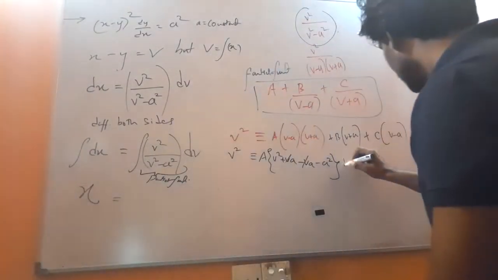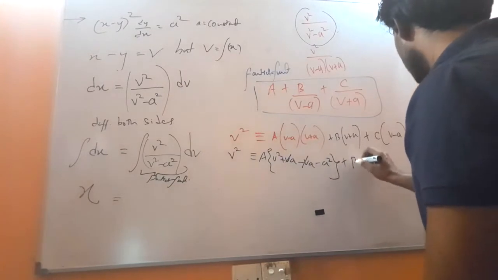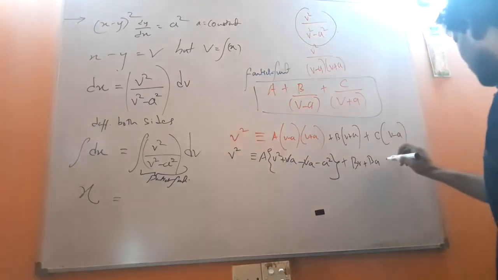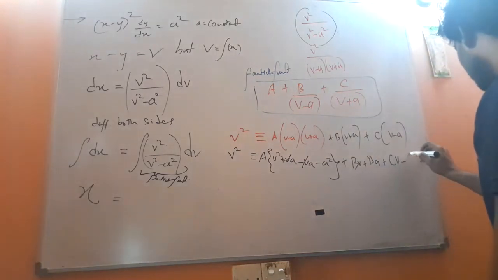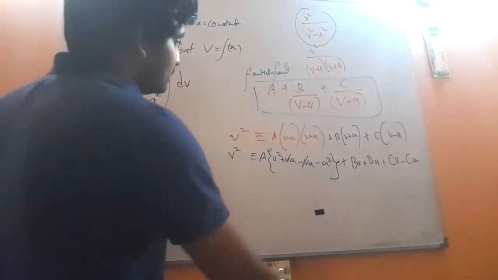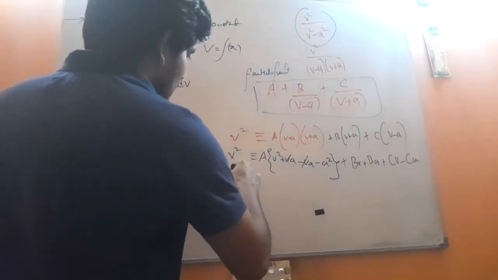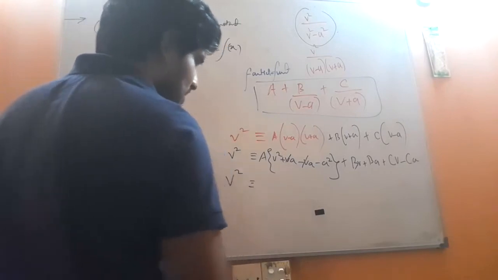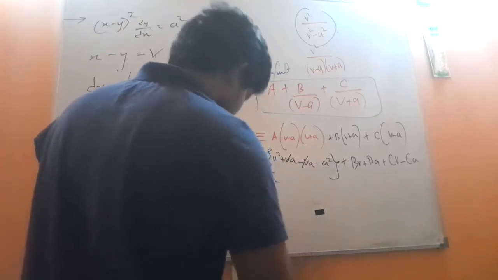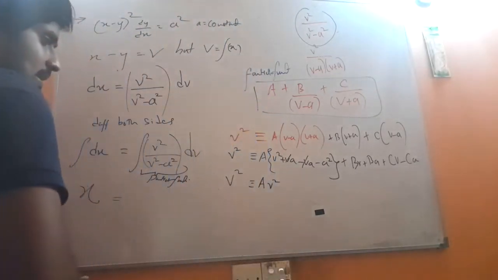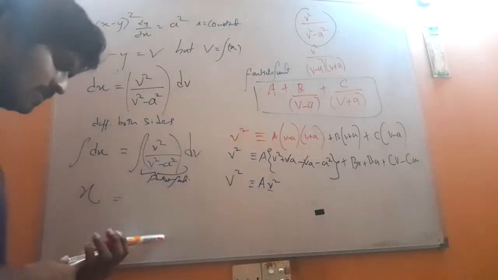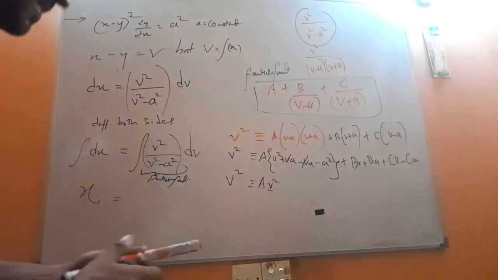Here you are getting bv plus ba. Here you are getting cv minus ca. Okay, right? So v squared identically the same as capital A v squared. It's better we highlight the v squared term.